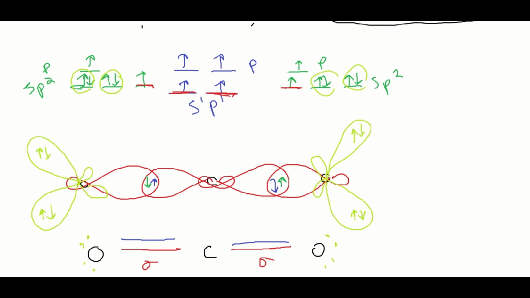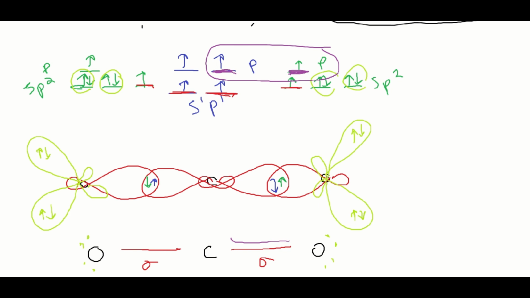We'll do that here in blue. No, we already have blue. Let's go with purple. Actually, the one on the right we'll use purple. So this p orbital is unhybridized, and that's going to form a pi bond with that p orbital from carbon. That's going to be the overlap of two unhybridized p orbitals. Let's say this is py.